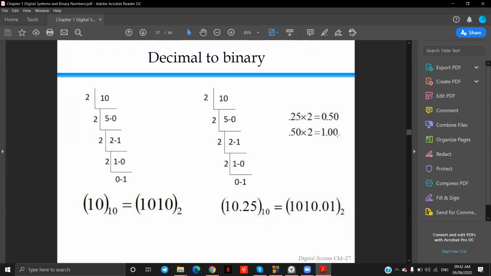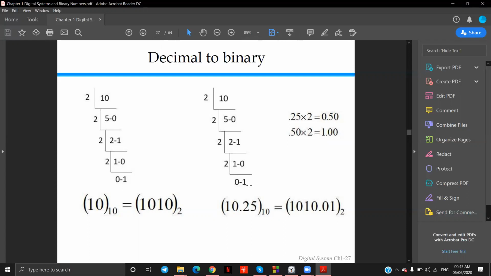When you see the fraction part is full of zeros, you should stop the multiplication also.